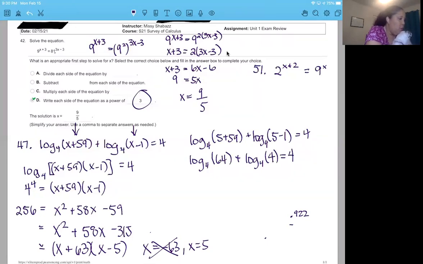So I need to know what number I raise 4 to that will give me 64. And I believe that's 3. So 4 cubed is 64. Good. And then I know log base 4 of 4 is 1. So 4 equals 4. And that's true. So my answer is x equals 5. That is my only solution.